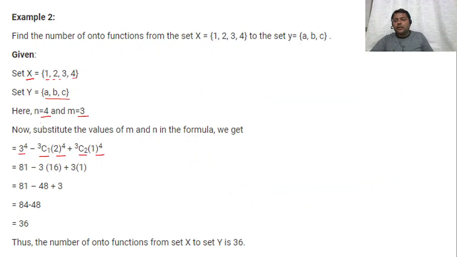If you solve this, you get 81 minus 16 into 3 plus 3 into 1, so 84 minus 48, 36 will be the total. So this is the number of onto functions.